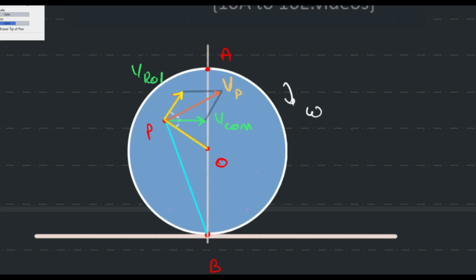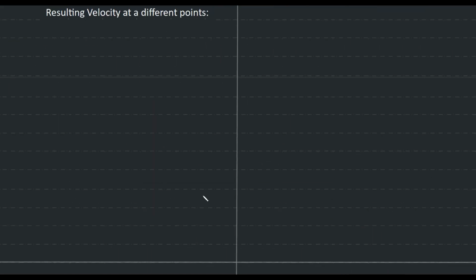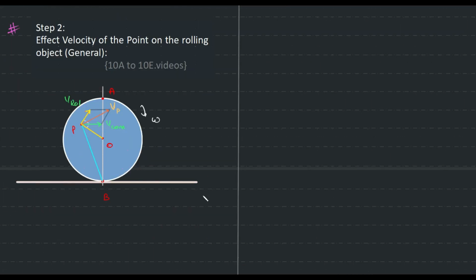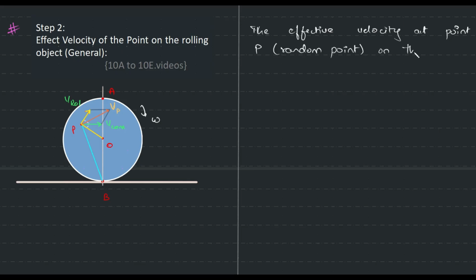Okay. So it's important for us to understand the diagram. So with that understanding, let's move on to the effective velocity at point P, a random point actually on the object.